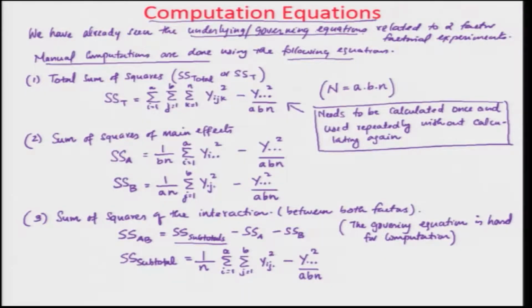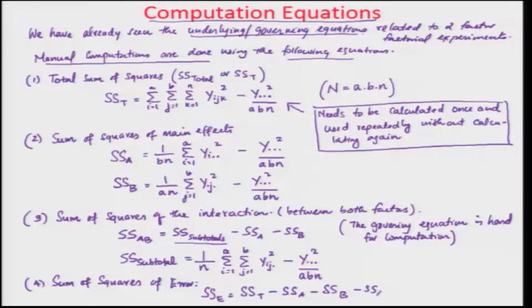So, now you have the sum of squares of AB. Once you calculate this, using the subtraction you will be able to find it. Then the last one we need to do is the sum of squares of error. Again, the error equation is also obtained through computation. So, SSE is equal to SST, the sum of squares of total, minus the sum of squares of A minus the sum of squares of B minus the sum of squares of AB.